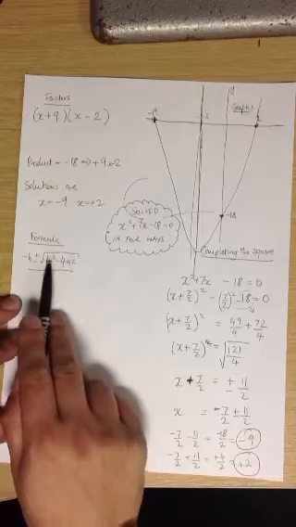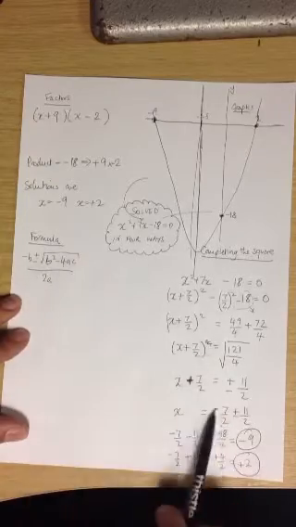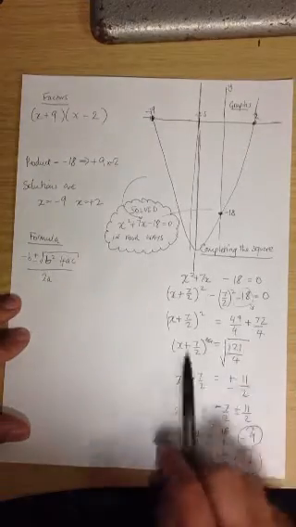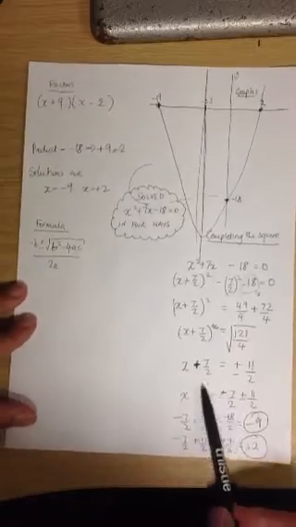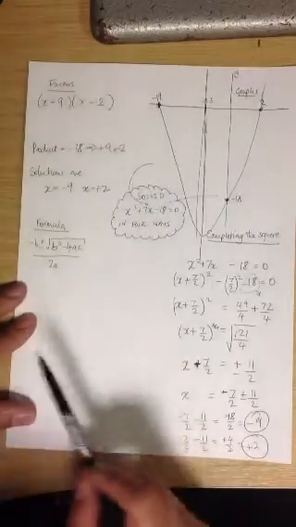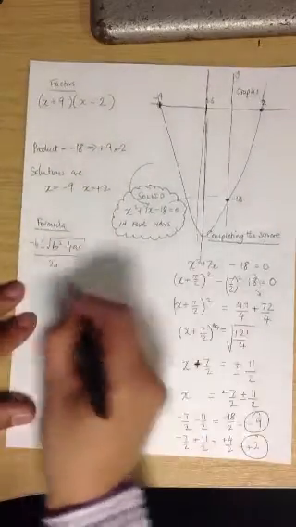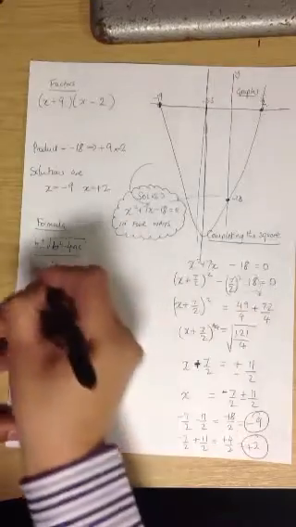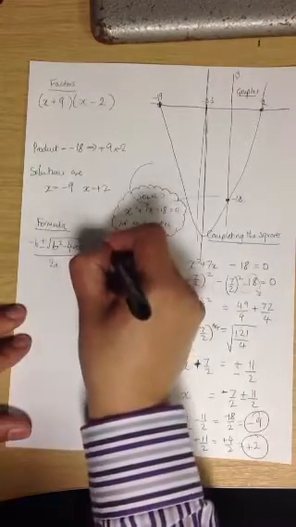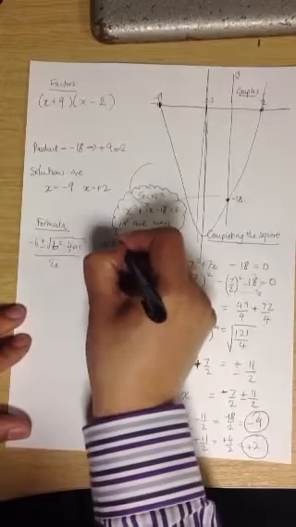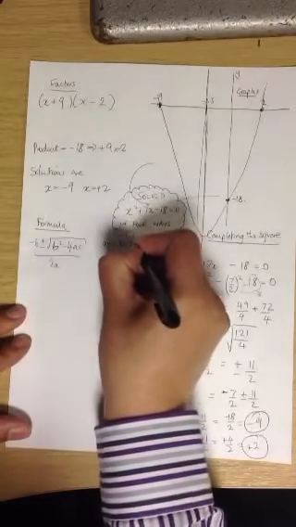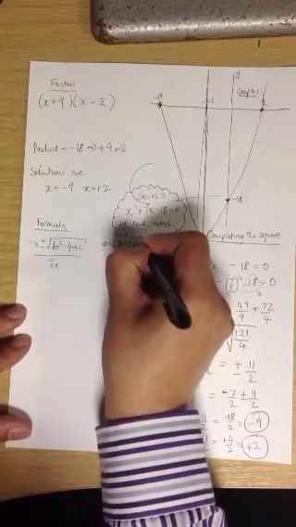And when you solve it using a formula, you may just see some of these numbers here from the completing the square idea come out in the formula. So let's fill in the formula. It might help just write down A is 1, B equals 7, and C equals minus 18.